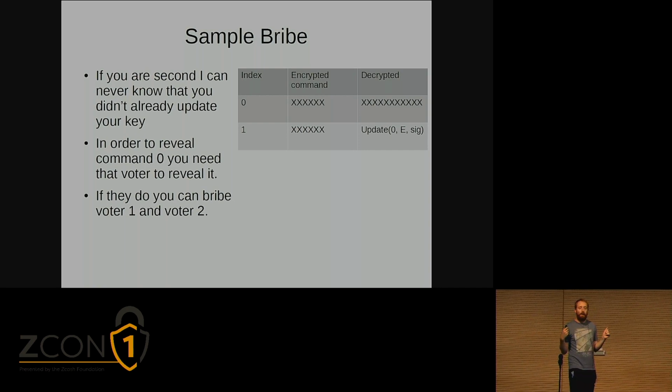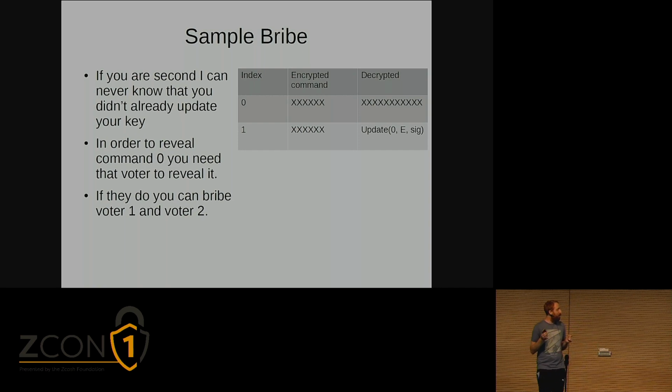But the briber can't be convinced by this, because the user could have, at index 0, updated their public key to another public key, and therefore command 1 would not work, or they could later create another vote that is processed to undo the transition that they showed to the briber.